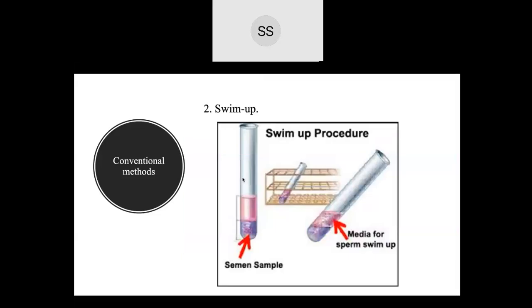The second one is the swim-up method, where the semen sample is introduced at the bottom of a test tube, the media, HTF, is placed on top, and the tube is left slanted for about an hour, and then the healthy, motile sperm cells swim up and are collected from the top.